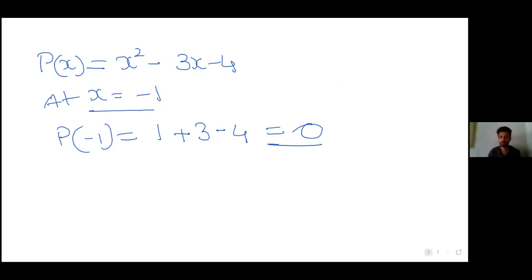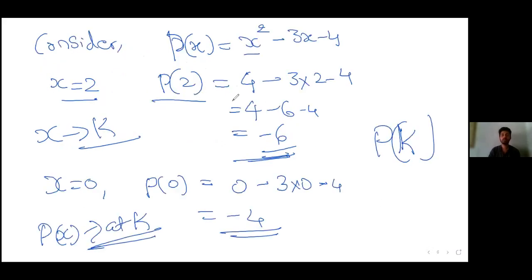But in the previous case, I just replaced x with 2, and I get the answer as minus 6. Also, if I insert 0 in place of x, that gives me minus 4.